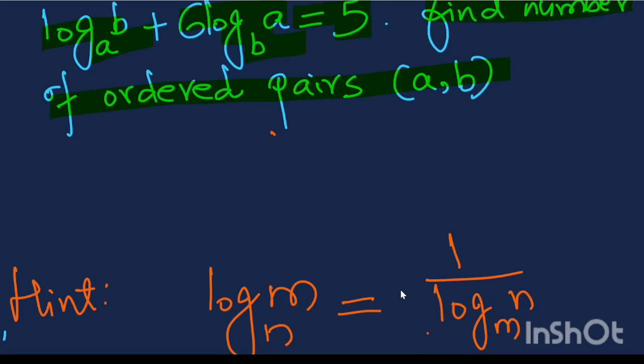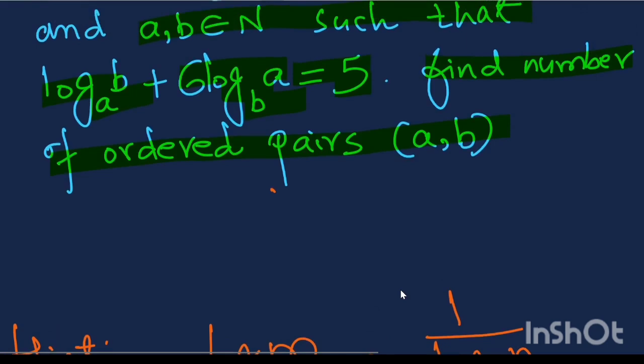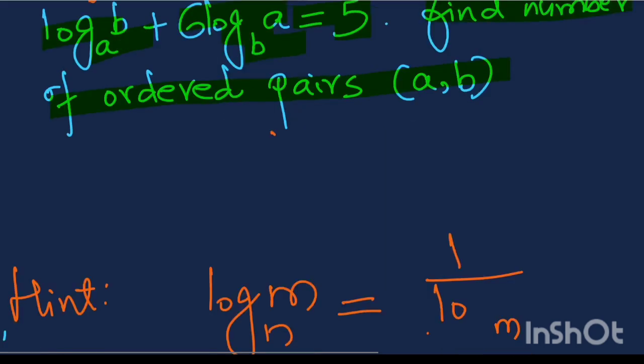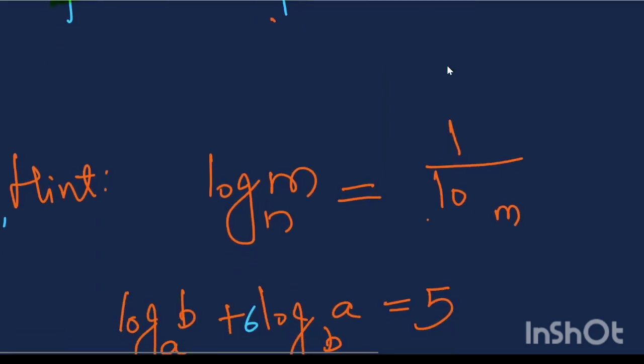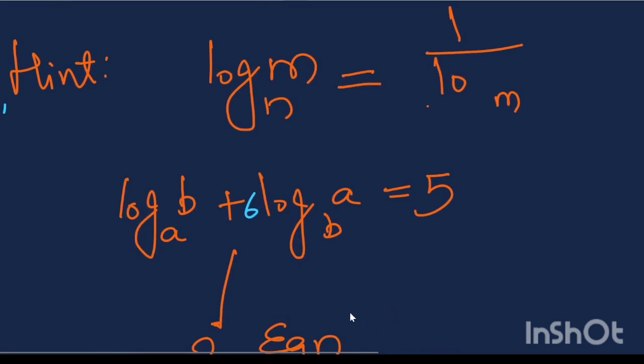Now why will we use this? Because as you can see in the question, log b base a is given, and log a base b is also given. That's why. So we need to convert any one log, either this or this, using the formula.